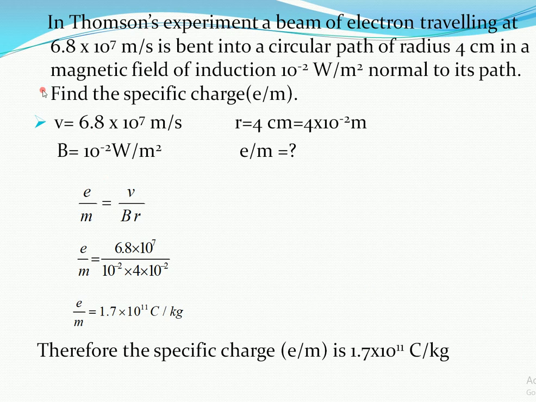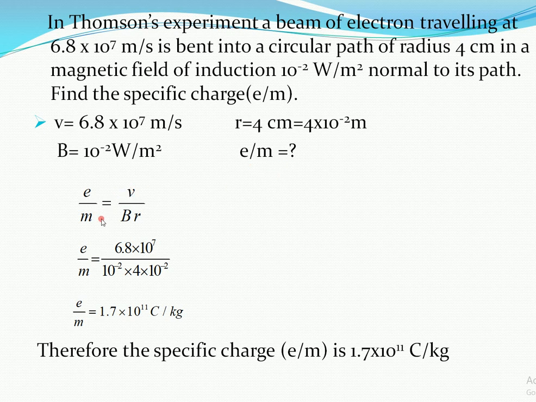In this numerical, velocity is given, that is 6.8 × 10^7 meter per second. The radius is also given, that is 4 centimeter. We have to convert this radius into meter. So the radius is 4 × 10^-2 meter. Magnetic induction is 10^-2 Weber per meter square, and we have to calculate the value of e/m.